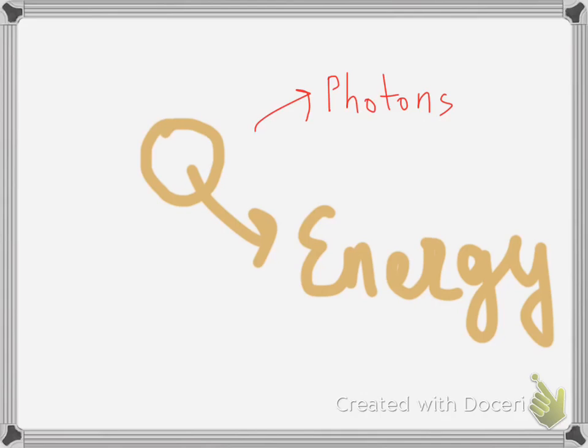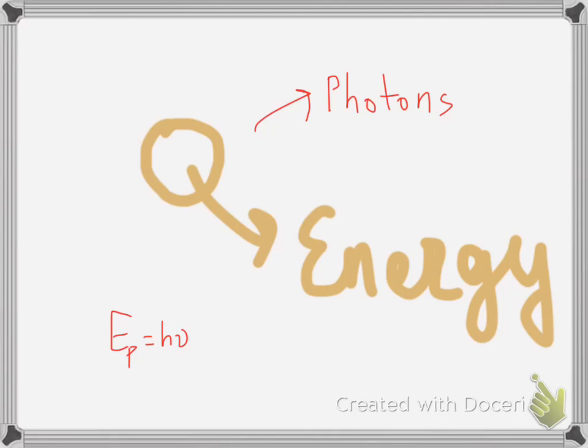These particles of energy are called photons, and the energy of these photons is given by a quantum formula called Planck's formula, and is given by h into the frequency of that photon.